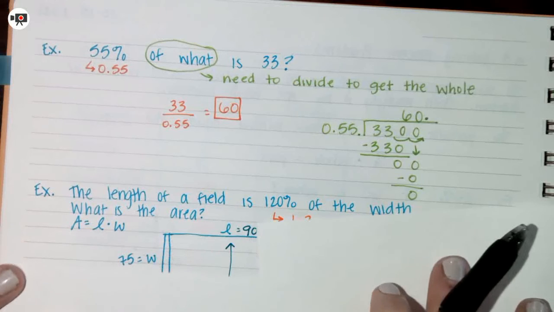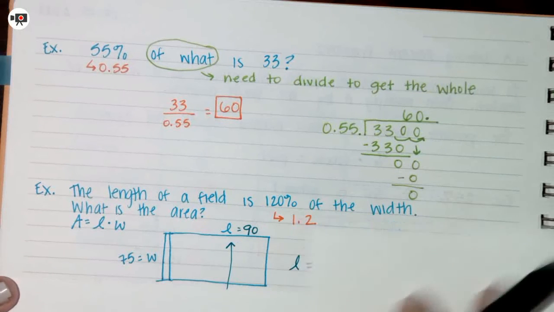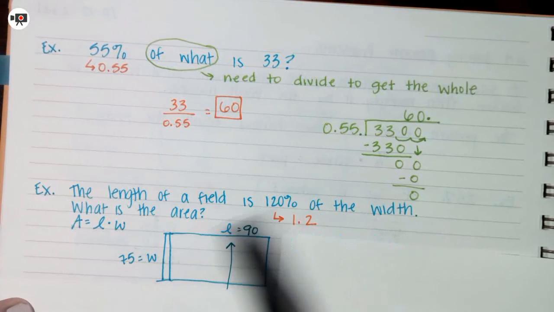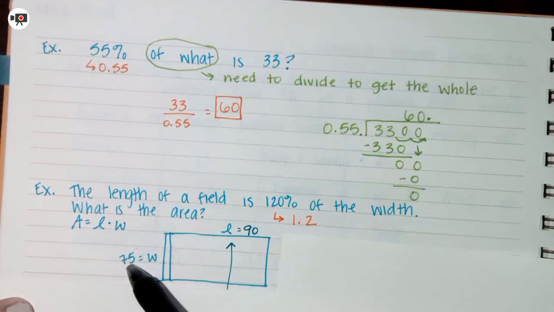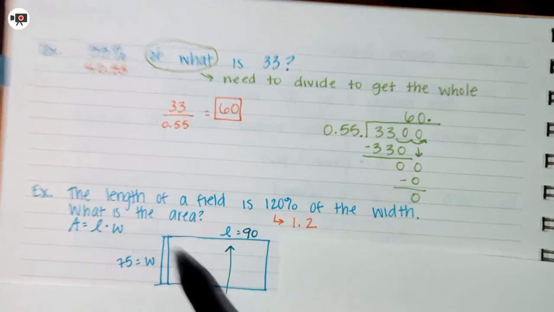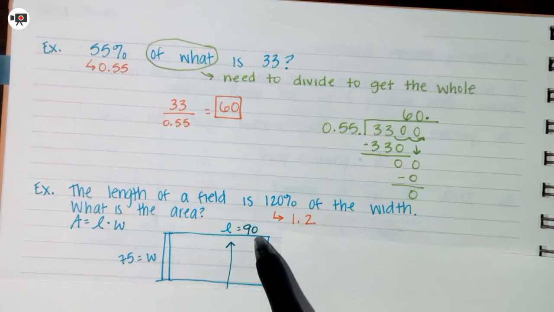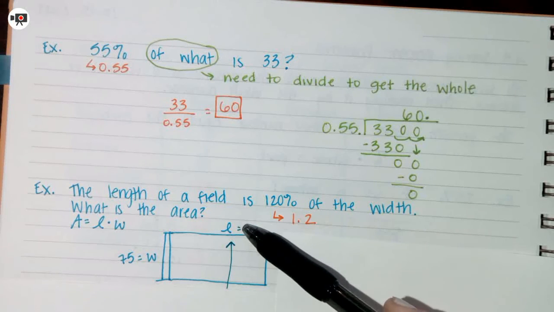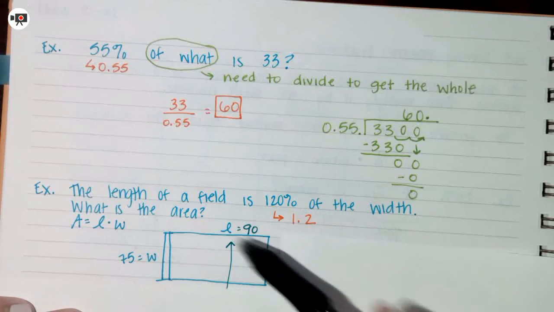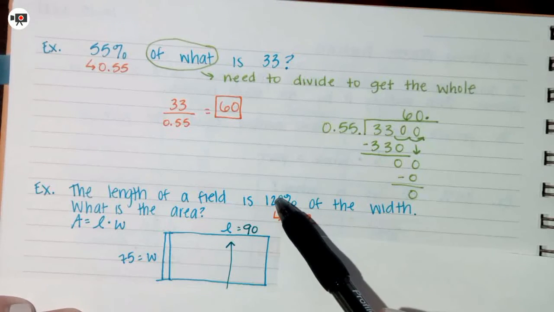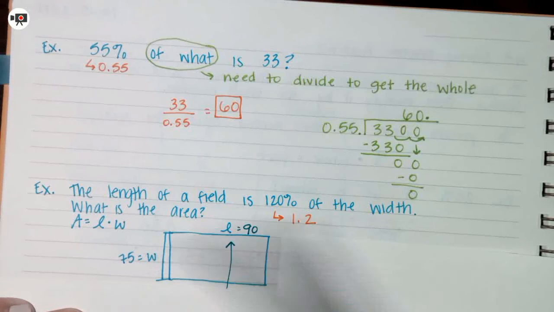Now, when I see this, I am given a picture with the width is 75, and I don't know the length. I already solved this, so that's there. But we're trying to find the length. So I'm doing 120% of 75.